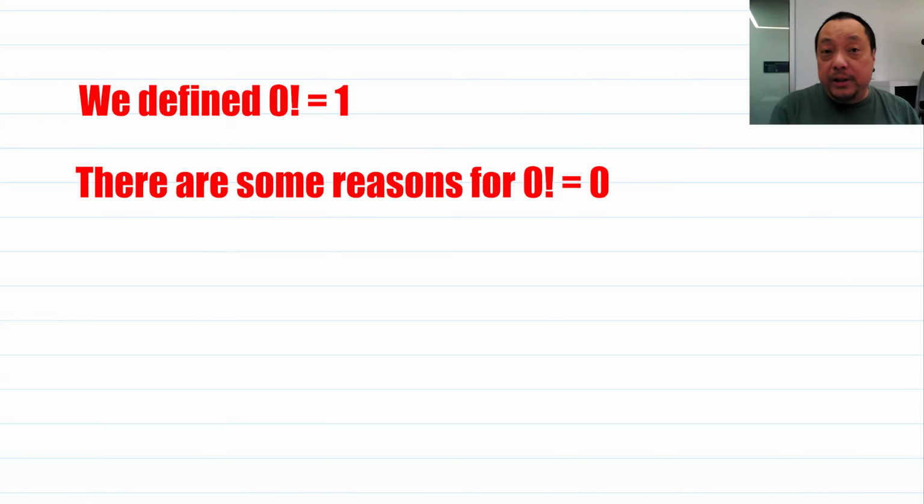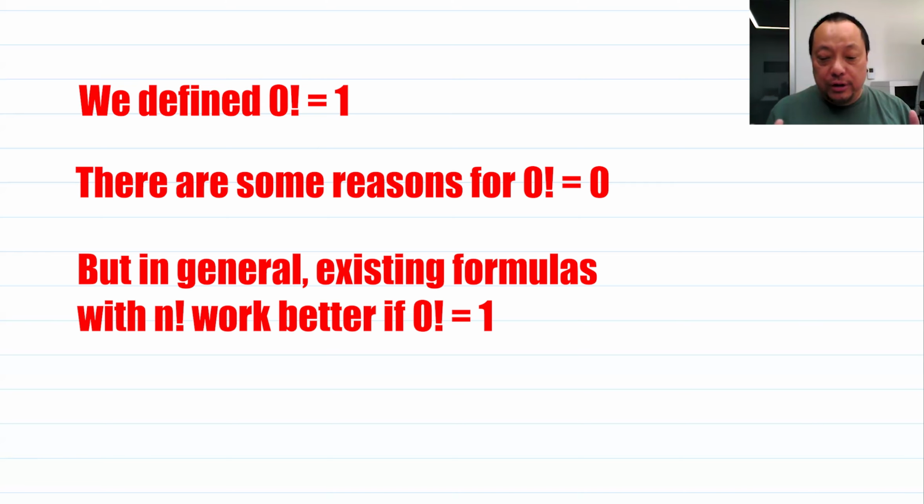There are some arguments in favor of 0 factorial equals 0, but in general, because of all the big formulas using n factorial that we have, they work better with 0 factorial equals 1. That's why we chose to define 0 factorial equals 1.